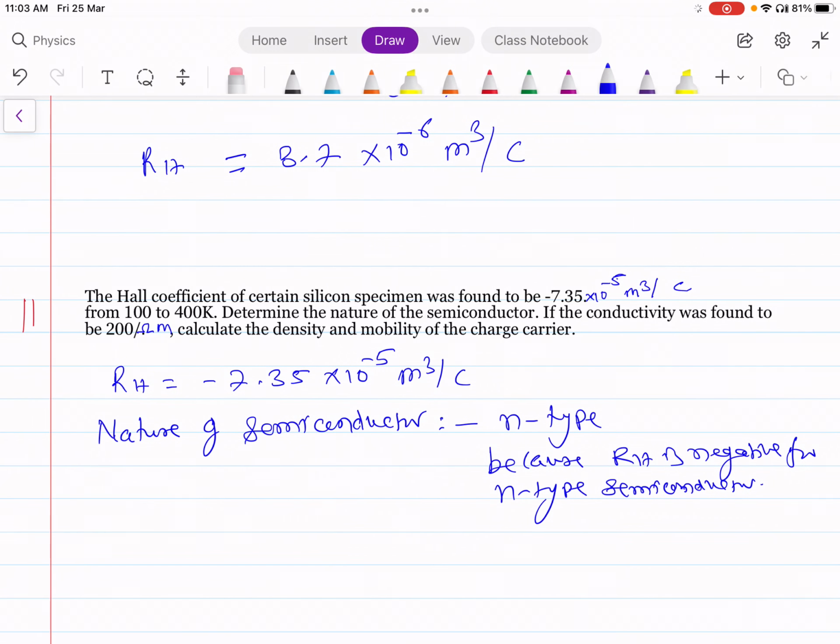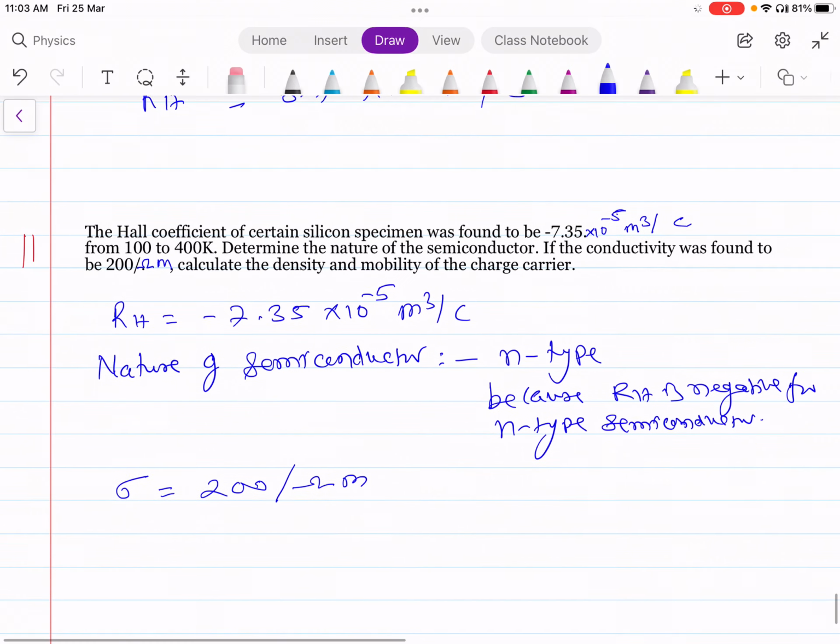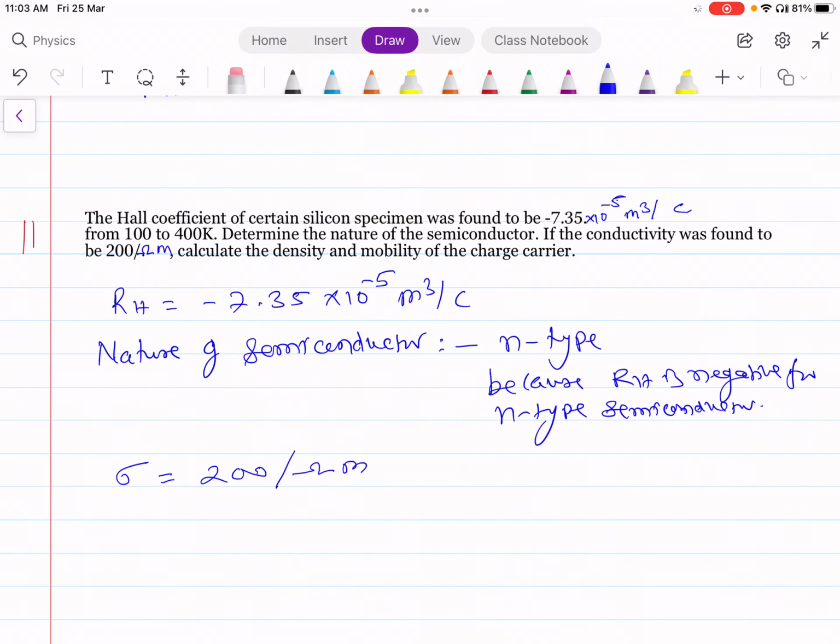Now the conductivity is also given: sigma is equal to 200 per ohm meter, or you can say 200 Siemens per meter. Calculate the density and mobility of the charge carrier. We have to calculate density and mobility, mu e.